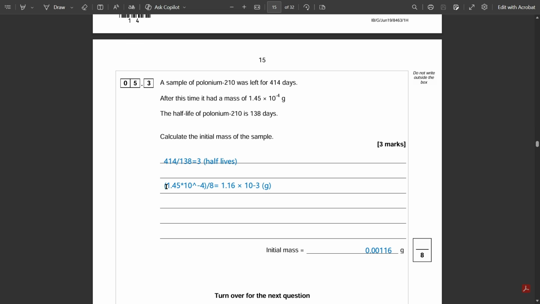And then you simply divide it, because it gets halved 3 times. It gets divided by 2 cubed, which is 8. So you divide 1.45 times 10 to the minus 4 by 8 to get 1.16 times 10 to the power of minus 3, which is 0.00116 grams.